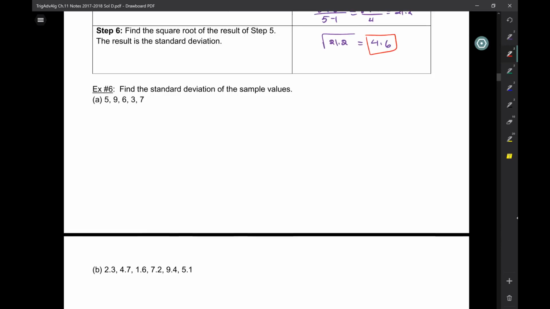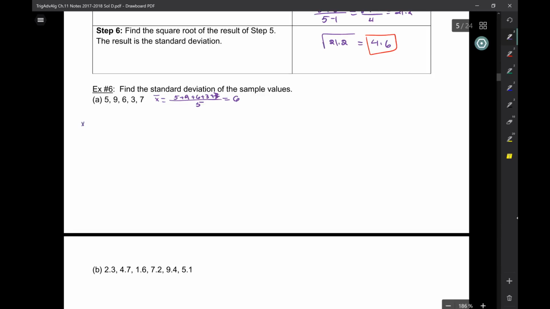Sample values, standard deviation. All right, so we're going to do the same thing. So first, what's x bar? X bar, 5 and 9 and 6, 3 and 7, how many? 1, 2, 3 over 5, 6. Right, and x bar is 6.